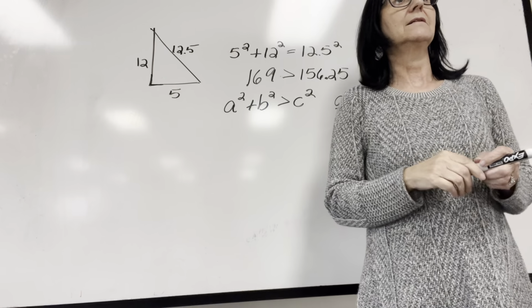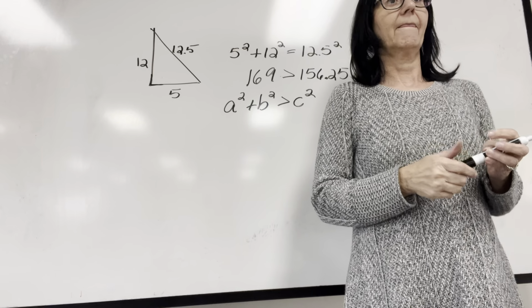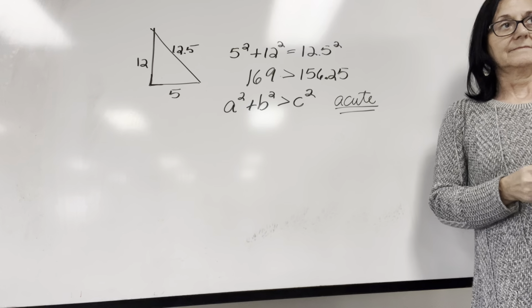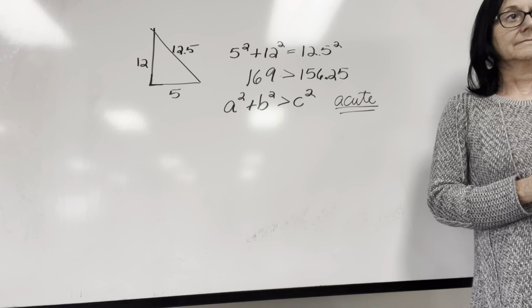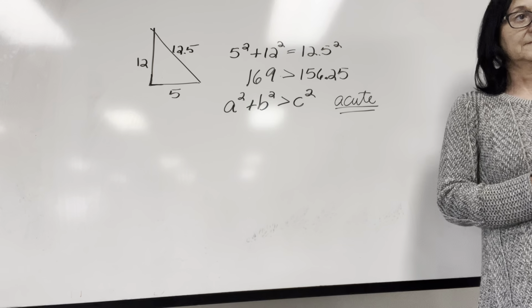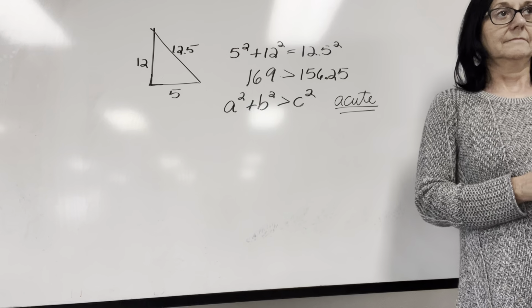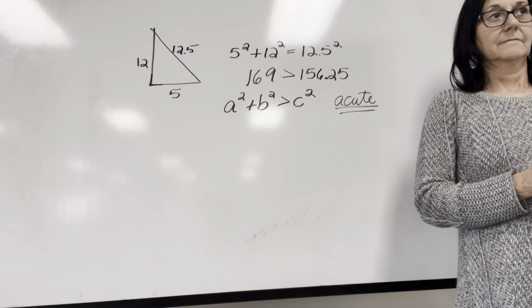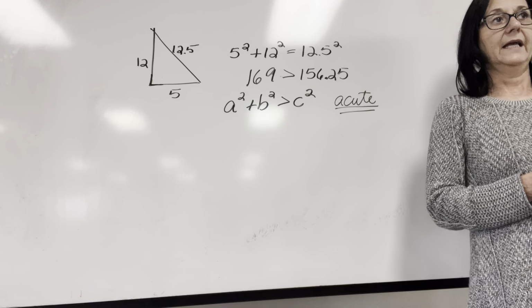If you just draw out a triangle and make sure that one of its angles is 90 degrees, and then you make sure all the sides are whole numbers and not decimals, will a squared plus b squared equals c squared always work?